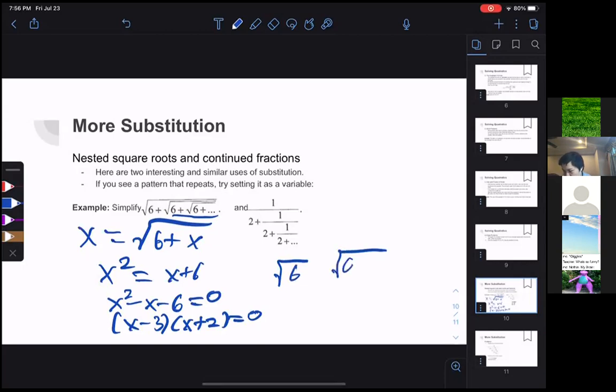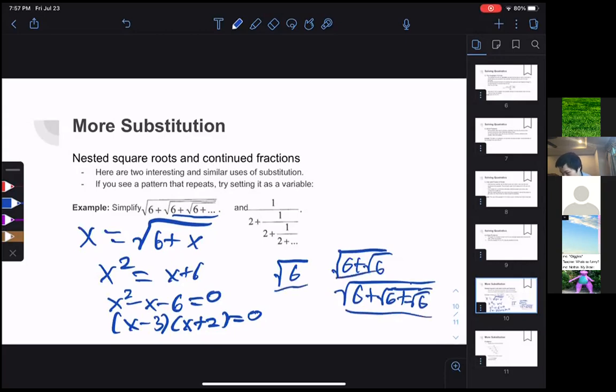If you have the second, it's root of 6 plus root 6. Third is root of 6 plus root of 6 plus root 6. And now you know that square roots are all positive, and you see that root 6 is less than 3. So this is getting closer and closer to 3, not negative 2, because you can't possibly get a negative number out of that.